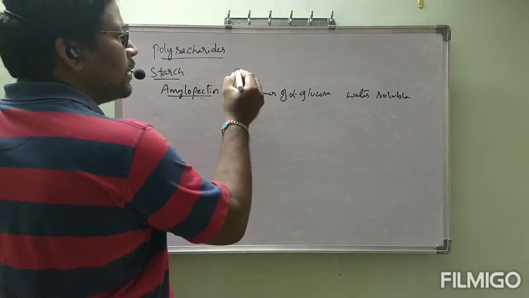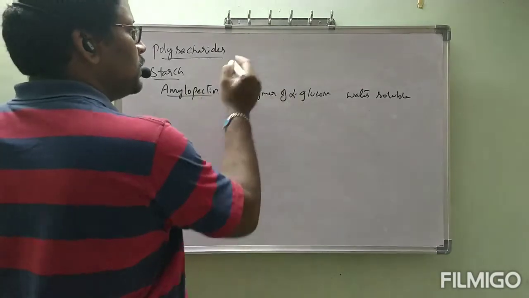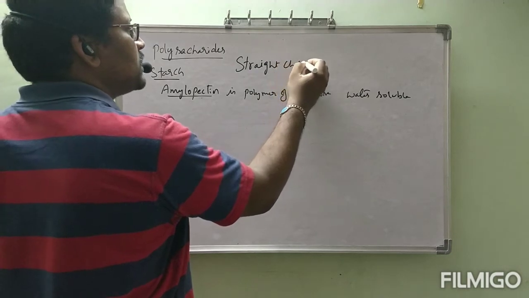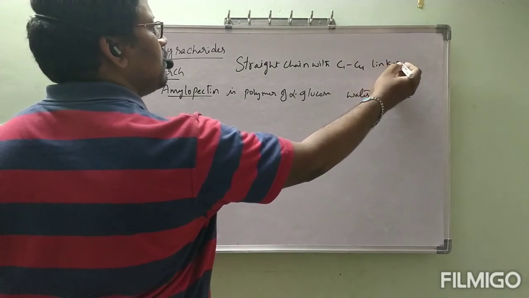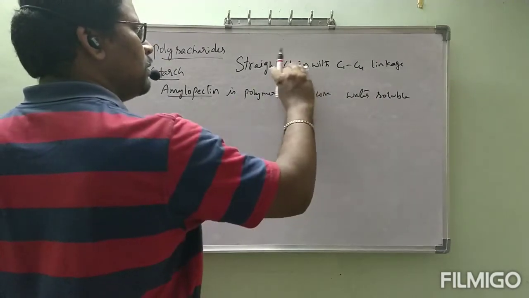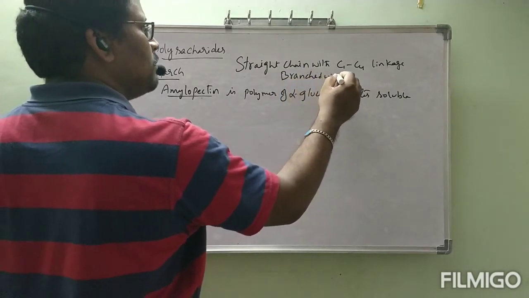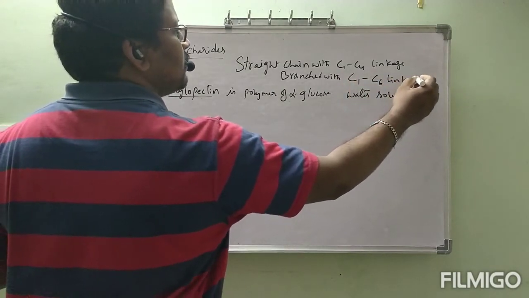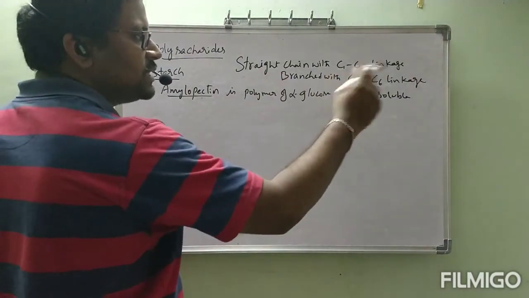See, a straight chain with C1 C4 linkage, branched with C1 C6 linkage.